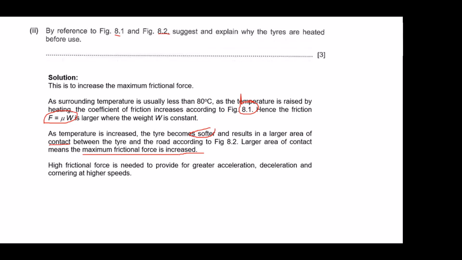If there's a larger contact, it means the frictional force will be increased. If the frictional force is increased, that is good because if you are going around a corner, that provides the Fc, right? So that's why you can have a greater acceleration and better cornering at high speed. So all in all, you are looking at increasing the maximum frictional force. Okay, be careful with that. You have to reference the two figures, figure 8.1 and figure 8.2.